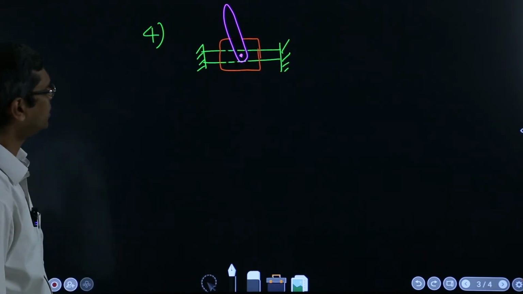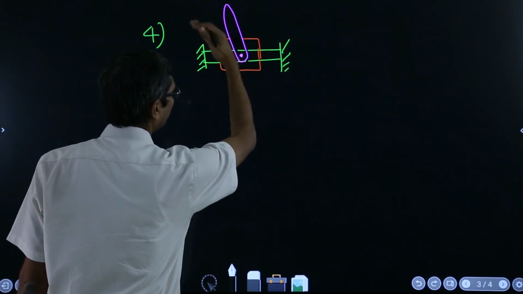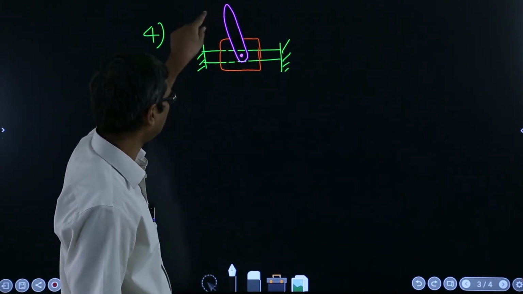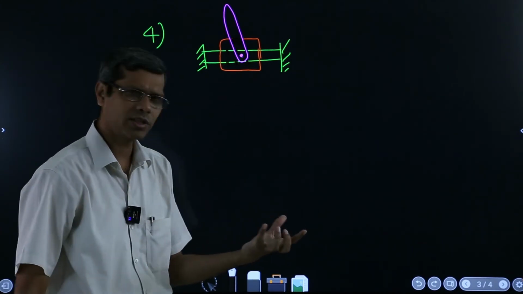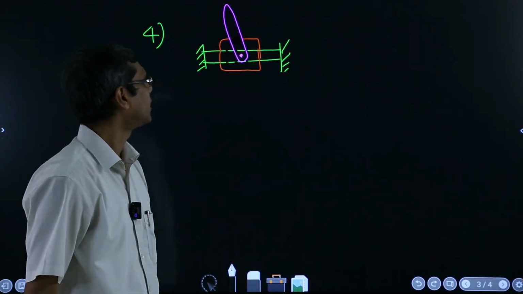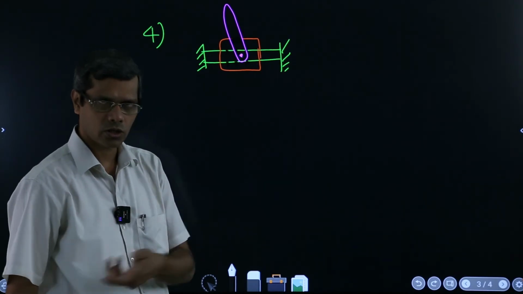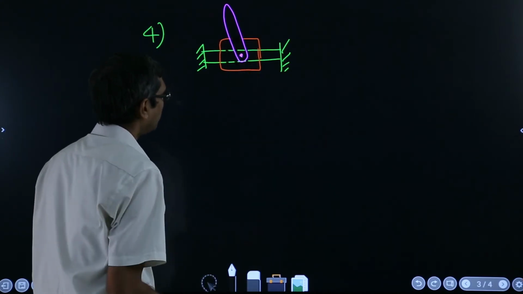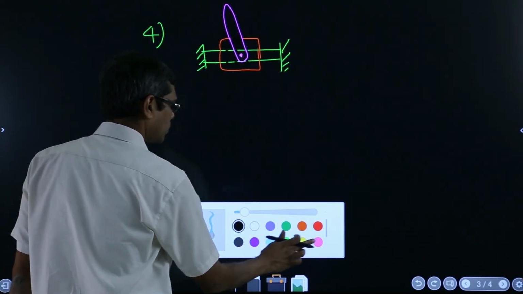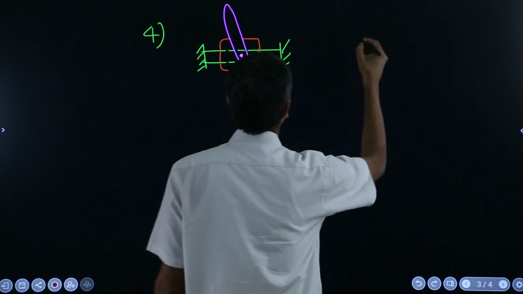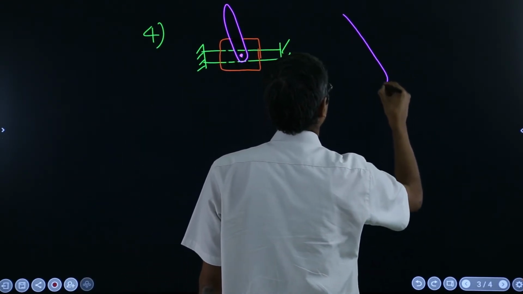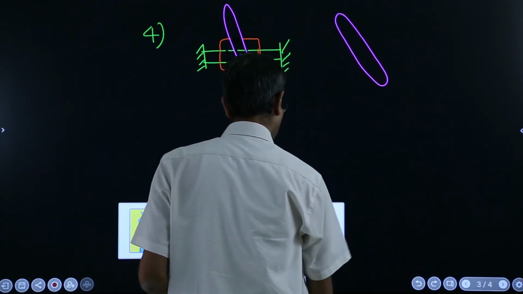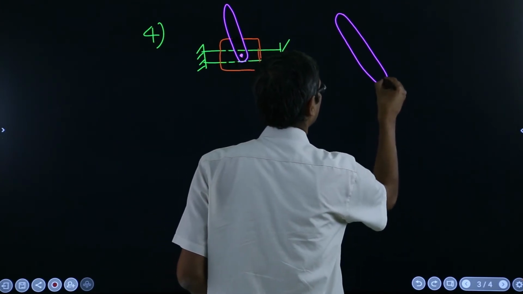Now that one is free to move on that, and whatever angle it is there, suppose it is making a 70-degree angle with this orange block, and the orange block is free to slide on this green colored rod. But if you are trying to draw the free body diagram of this bar, then you will have to show the force like this.